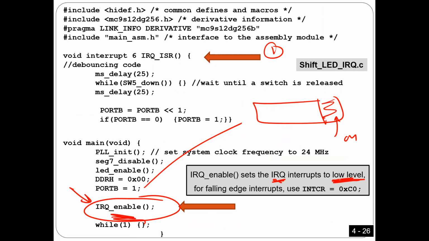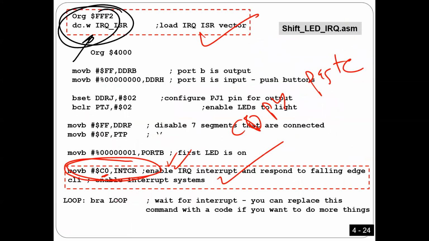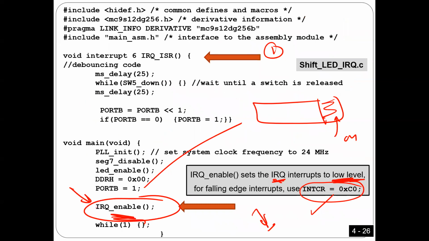Is that okay? Now, what if I wanna program it for falling edge? I can do something very simple like that. I can say INTCR equals C0, like what I did here. You can remove this one and just use this one instead. Is that okay, guys?